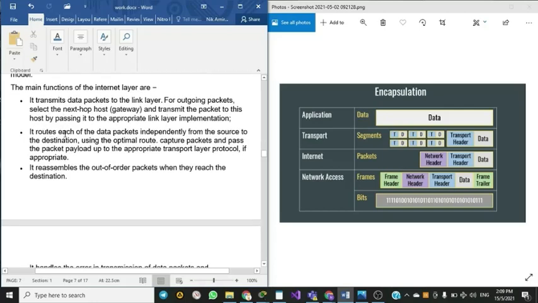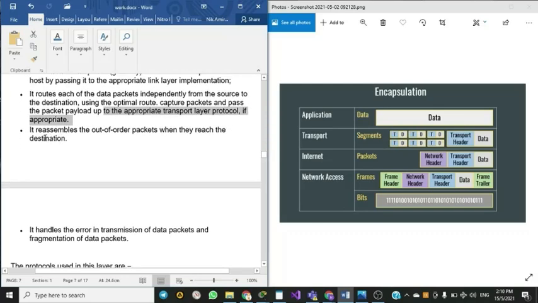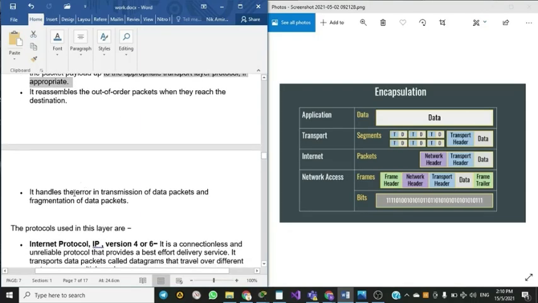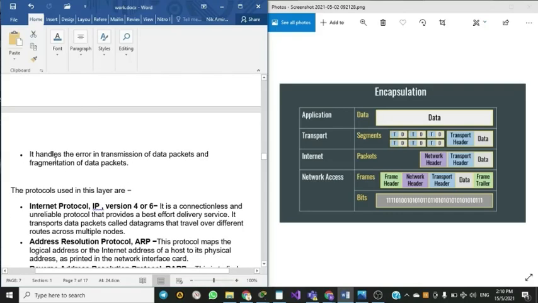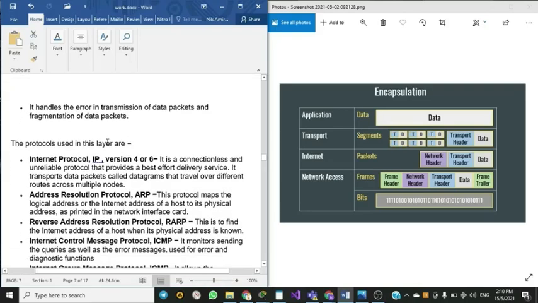It routes each of the data packets independently from the source to the destination using the optimal route. It captures packets and passes them to the appropriate transport layer protocol if appropriate. It reassembles out-of-order packets when they reach the destination. It handles erroneous packet transmission and the fragmentation of data packets.